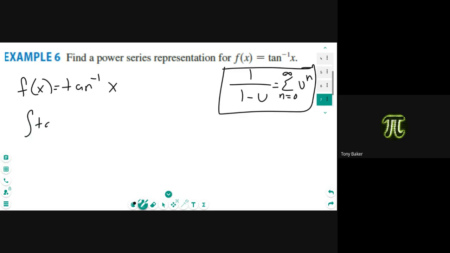So the integral of, oh sorry, actually I wrote that backwards. The integral of that is tangent of negative x. You're taking the derivative.